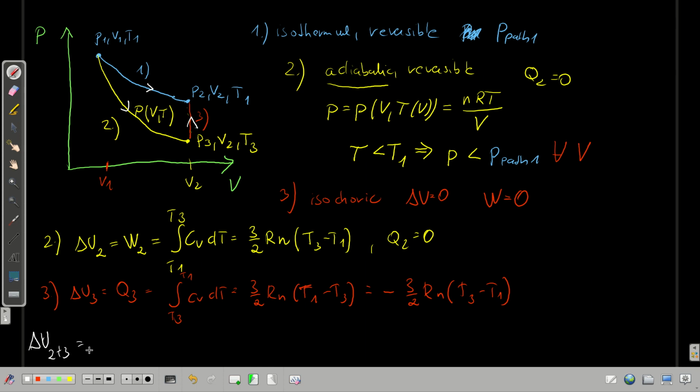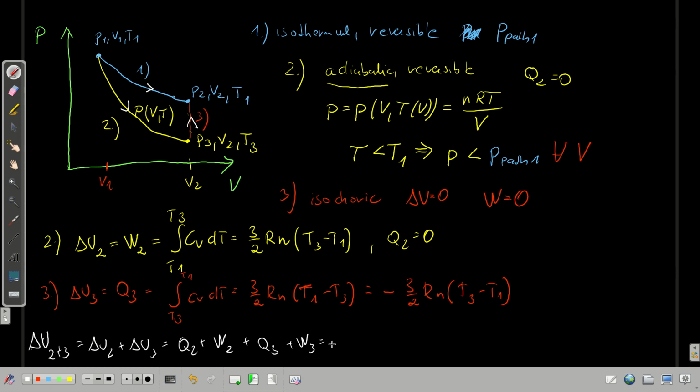This equals delta U2 plus delta U3. In general, this equals Q2 plus W2 plus Q3 plus W3.